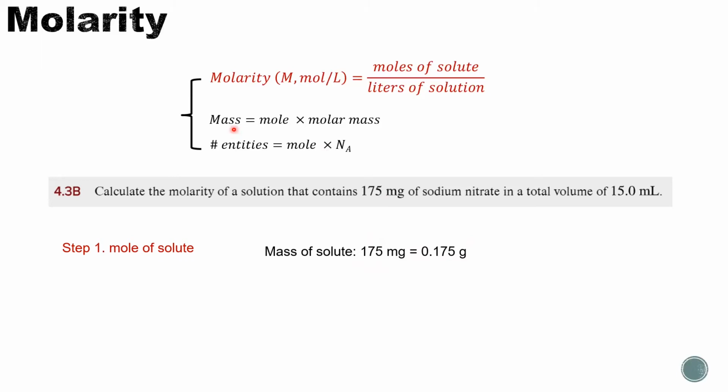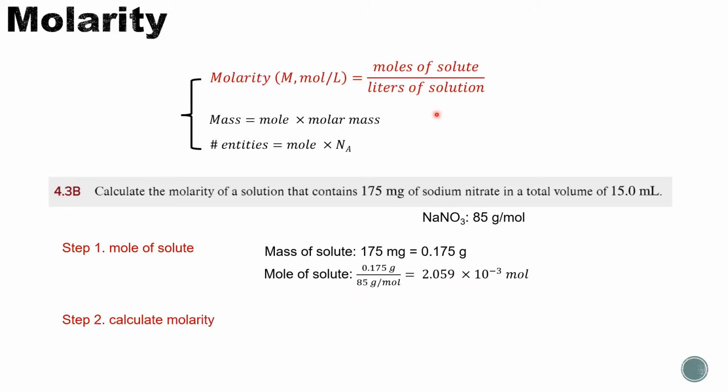Then, after we get the mass, we can get the moles by using mass divided by molar mass. The molar mass of solute, sodium nitrate, you can calculate as 85 grams per mole. So the moles of solute is 0.175 grams divided by 85 grams per mole, and you get 2.059 times 10 to the minus 3 mole.